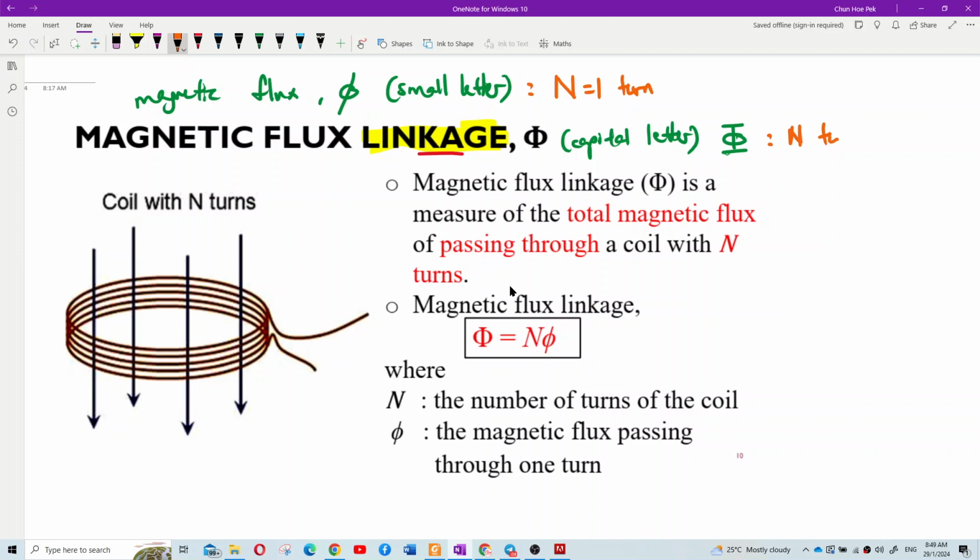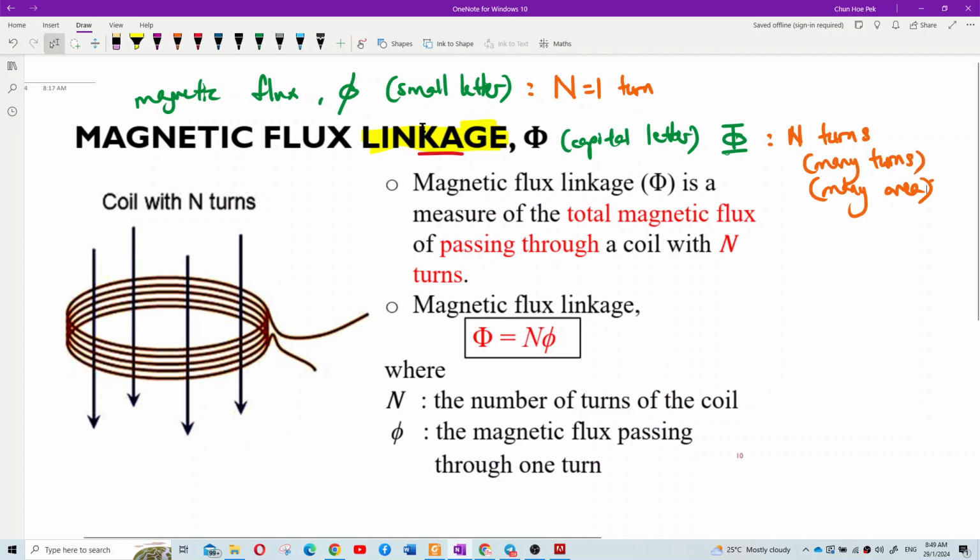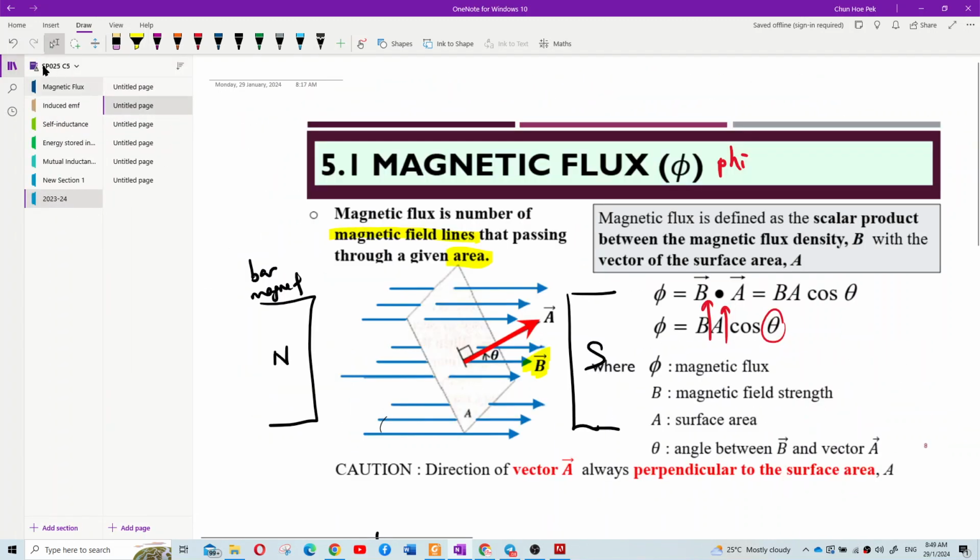You have many turns. Many turns is like many areas. Instead of just one area, now you have many areas, isn't it, class? For example, like the example just now.